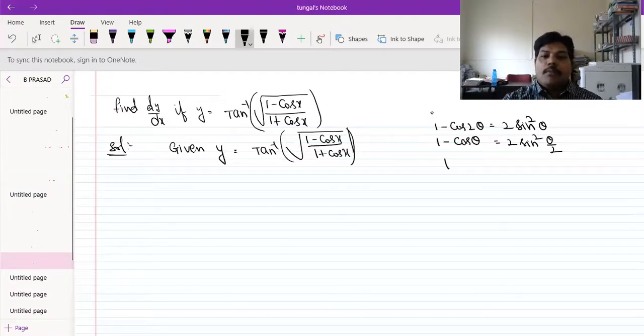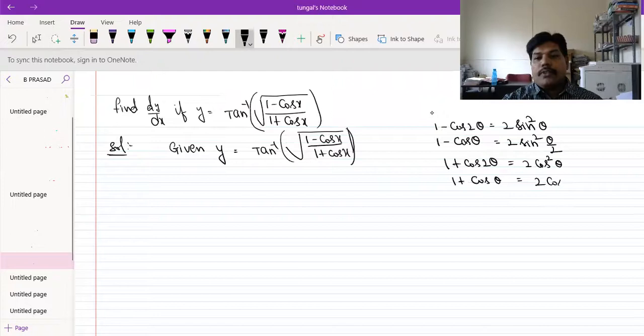Similarly, 1 plus cos theta. In the previous question, I already gave the formula: 1 plus cos 2 theta is 2 cos square theta. Here, if you apply the half angle formula, 1 plus cos theta will become 2 cos square theta by 2. So use these two formulas here.